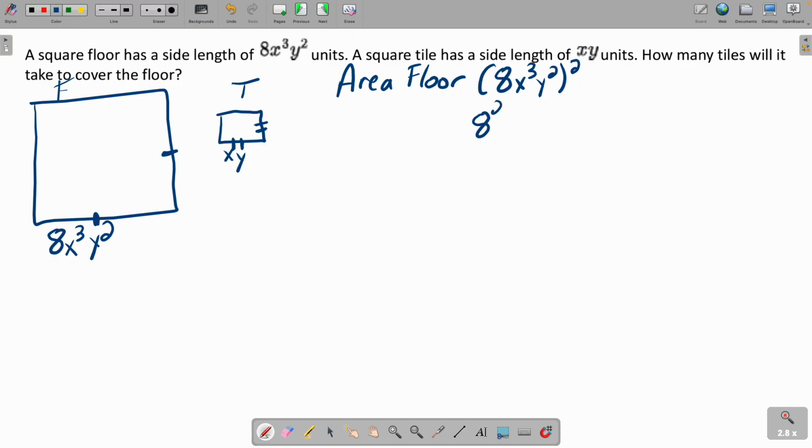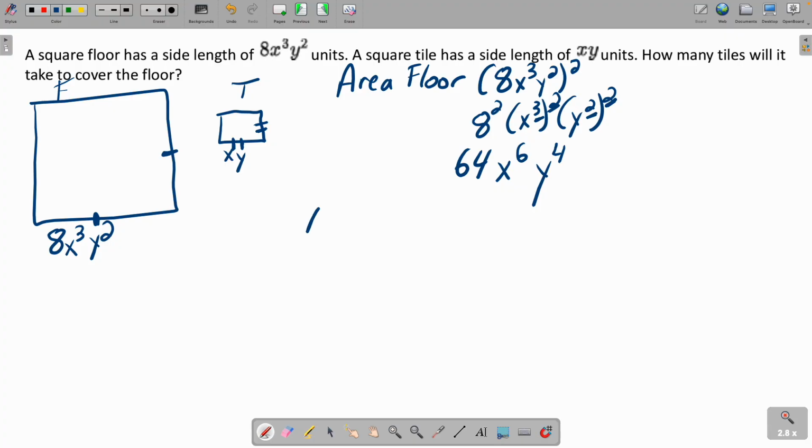So we have 8 squared, x cubed squared, and y squared being squared. 8 squared will be 64. We multiply exponents, so 3 times 2 is 6, so x to the 6th. Our y has a 2 and a 2, so 2 times 2 is 4. That is the area of the floor.